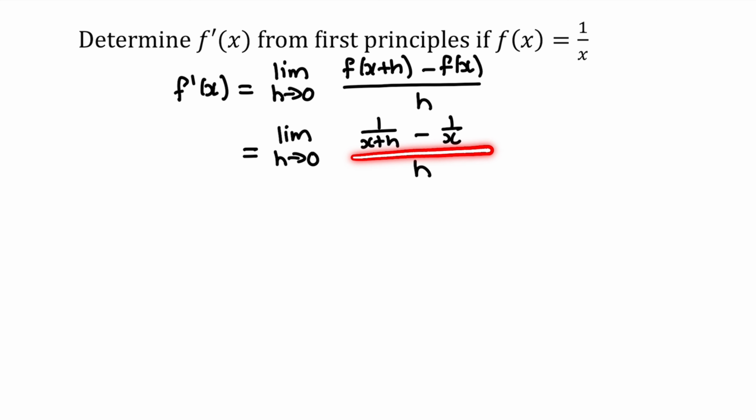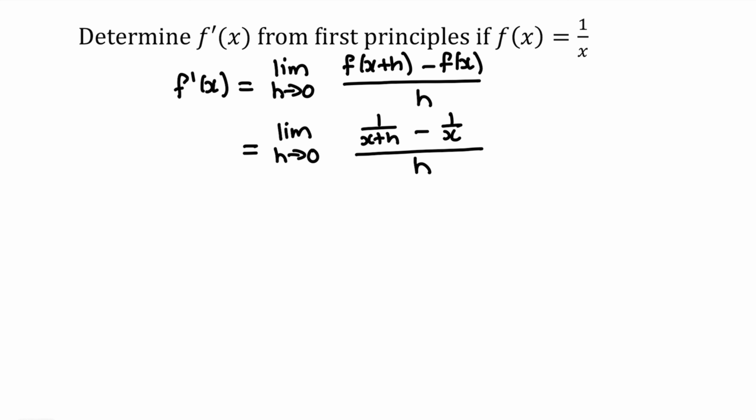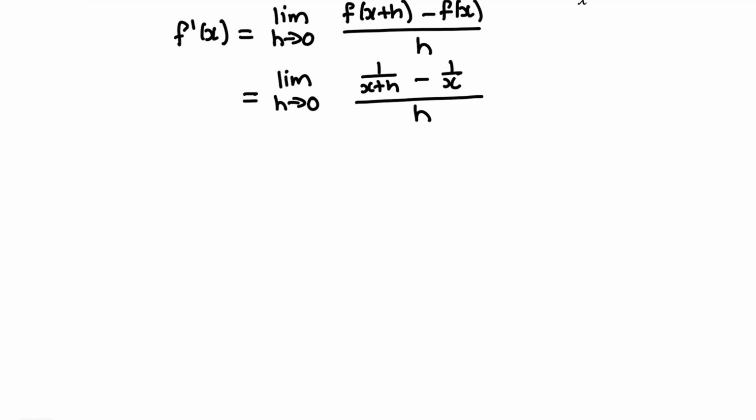Now, when we have a compound fraction, or fractions within fractions, what I would like to do is remove this denominator or write it differently. So that will look like the limit of h towards 0. Then I'll keep the numerator in brackets, which is 1 over (x + h) minus 1 over x, close the bracket, and I'm dividing that by h.